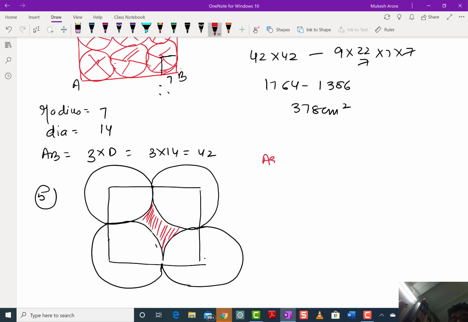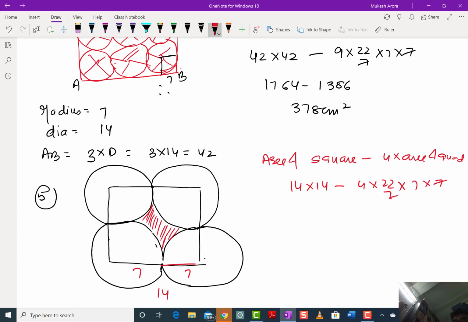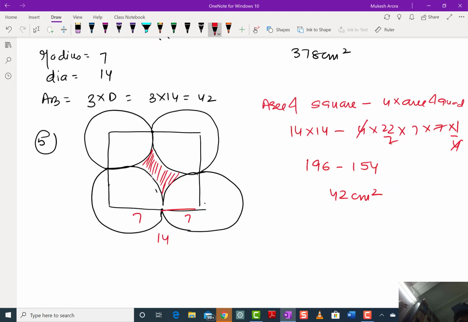Shaded region is area of square minus 4 into area of quadrant. Side of the square is 14. 14 into 14 minus 4 pi r square. R is 7 into 7. So 14 into 14 is 196 into 1 by 4 because it's a quadrant, minus 154, 42 centimeters square.